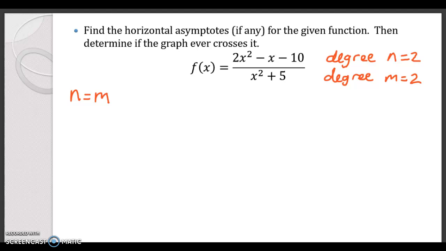Which means my horizontal asymptote is going to be at y equals a sub n over b sub m. And remember, those are just the leading coefficients of our polynomials in the numerator and the denominator. And in front of this x squared, there's a 1. So a sub n is 2 and b sub m is 1. So y equals 2 is my horizontal asymptote.